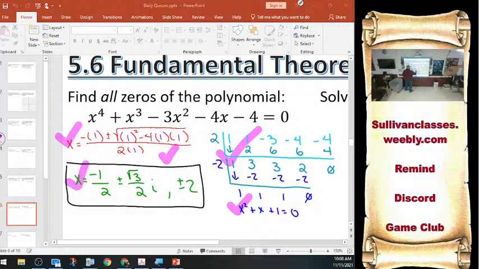Maybe I did the dumb thing, like I wrote this and then I just didn't put plus or minus on one of them. Or I have my 2's over here in my work, I just didn't write them with my answer. That kind of stuff. Okay? Questions there? All right.